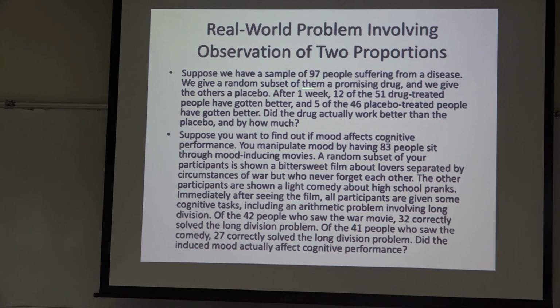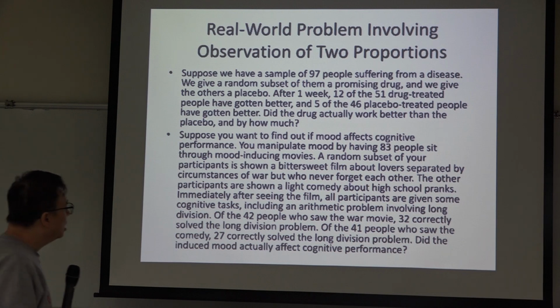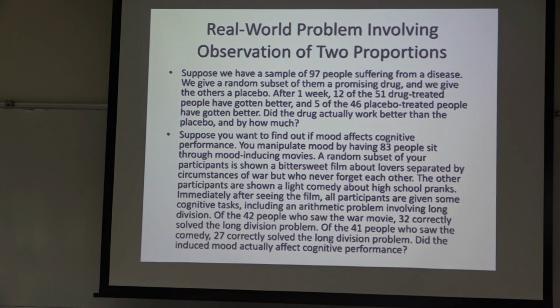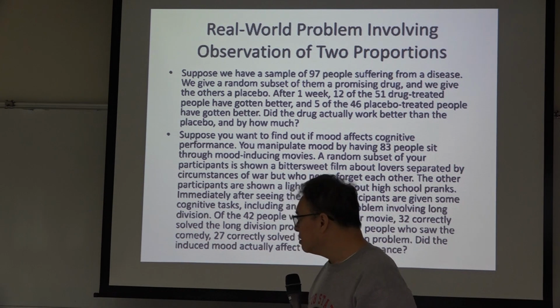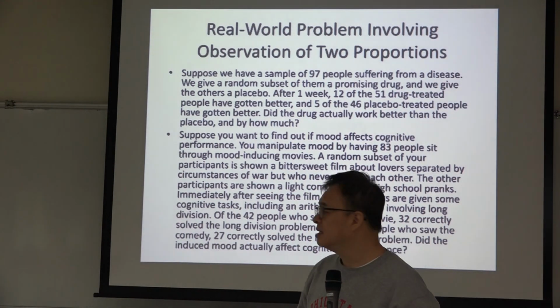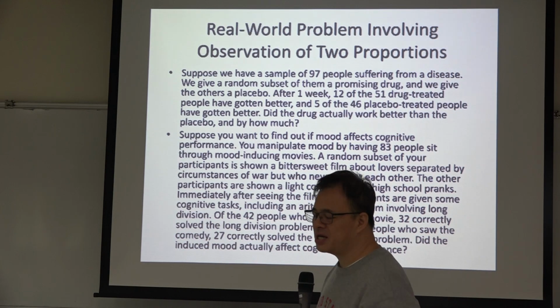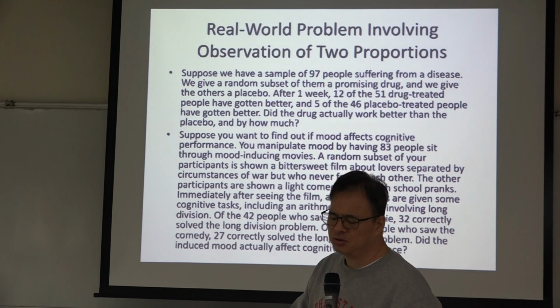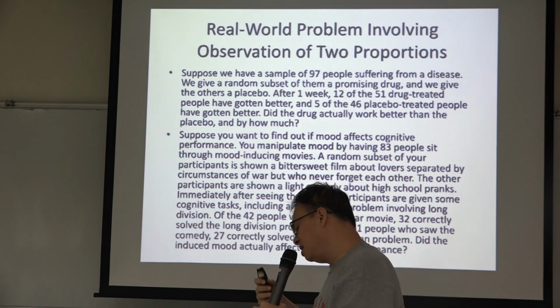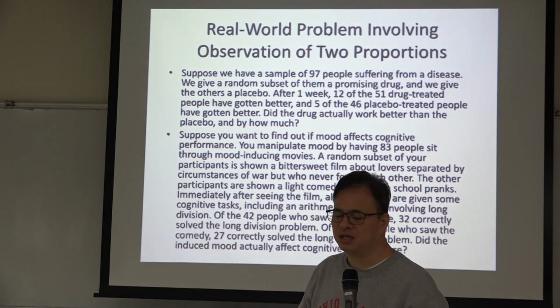For example, for these 97 patients, you give them different treatment. After you break them into two groups, one group you provide the real drug, the second group you provide placebo.